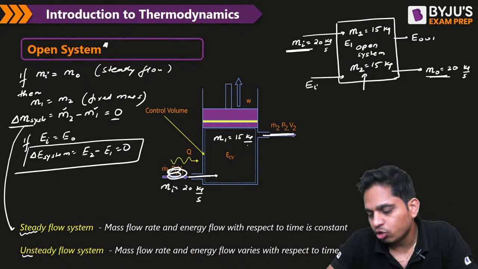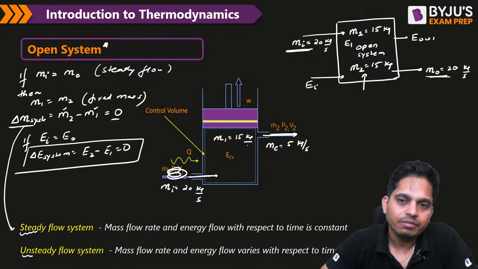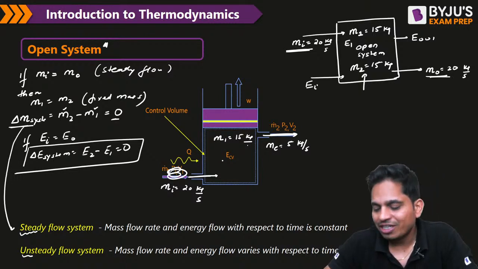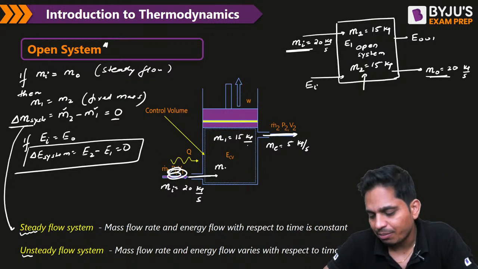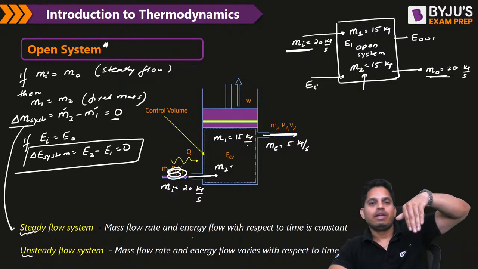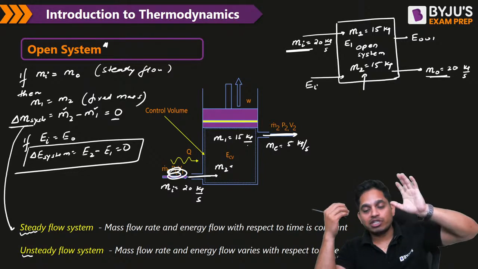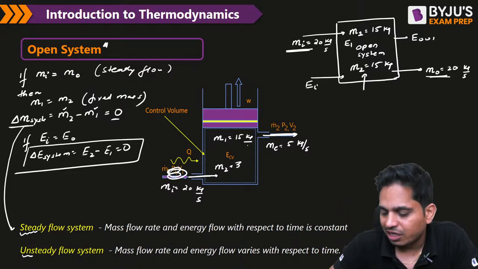And how much mass is going out? Let us say 5 kg per second is going out. So how much mass will increase in the system? By enter हुआ 20, exit हुआ 5, so 15 extra was added. That means it will be 30 kg.